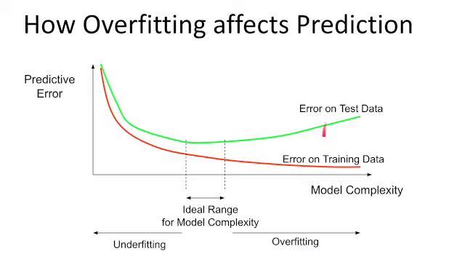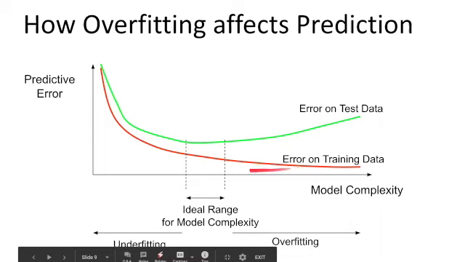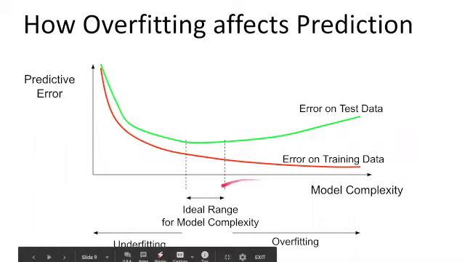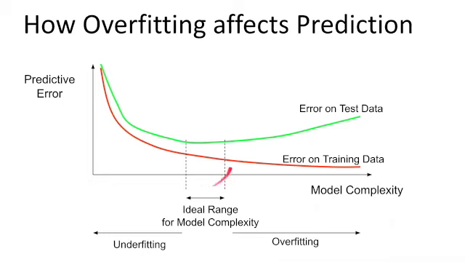You can achieve a fantastic training performance, but a very poor testing performance. So this regime is where you're overfitting your models. In this regime, you are underfitting your models. And ideally, if we are lucky enough, we can try all kinds of models. In the end, we're going to pick the one sitting in this sweet spot, in this ideal range of complexity, and this is the model you should choose.